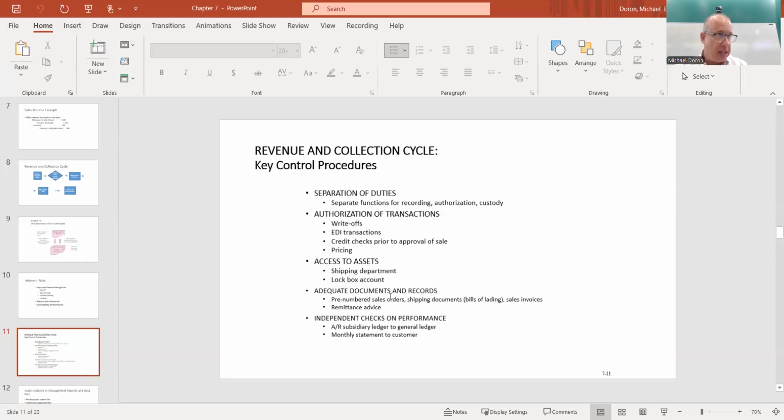And then they just detail exactly what that means for the revenue and collection cycle. So segregation of duties, separate functions for recording, authorization, and custody. So somebody is the bookkeeper, does the journal entry, somebody authorizes this sale can take place, and somebody else has custody of the inventory and of the cash.